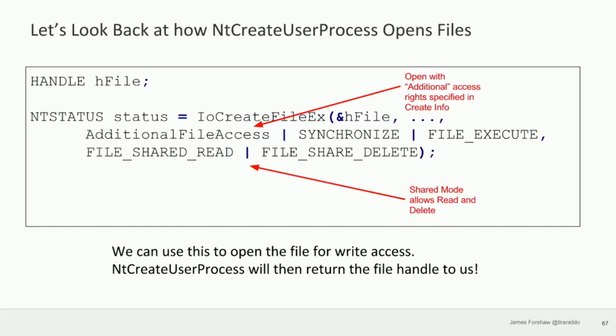And it's used for create process because create process wants to be able to read the executable file off disk. So it specifies, say, I want read data permission on this file. When create user process returns, it returns a file handle to that. And create process internal can then read it out quite happily. But there's no restriction on what file access we can specify. So what if we specify write access to that? Will we get a writable handle?